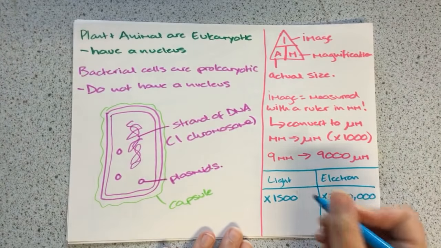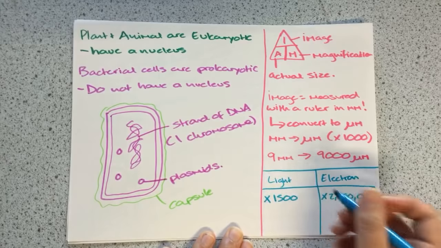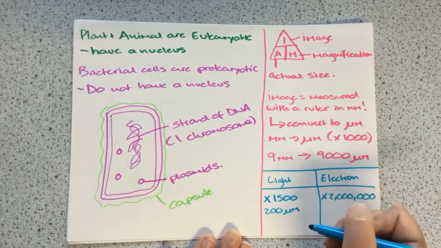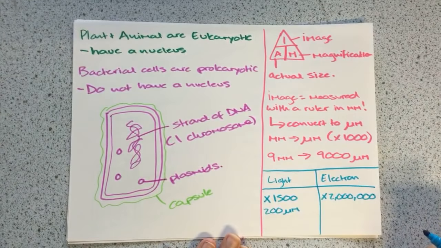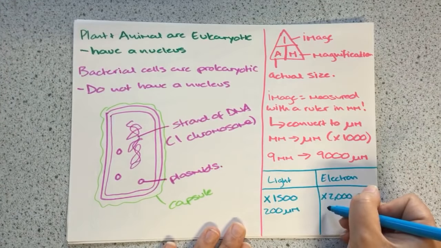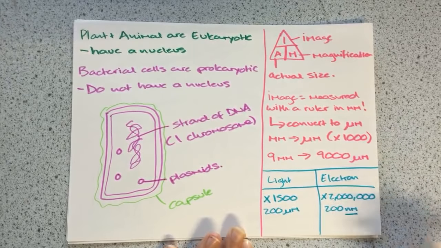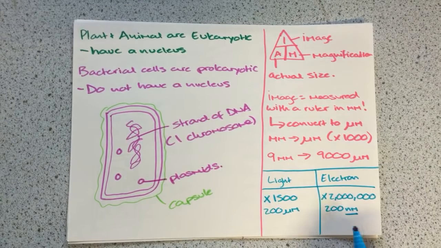With a light microscope, the maximum resolution is 200 micrometers, and the maximum resolution of an electron microscope is 200 nanometers. Because it is a smaller resolution, that means it can see more detail, so you can distinguish between very, very slight differences. So 200 nanometers is a distance that it can resolve to.